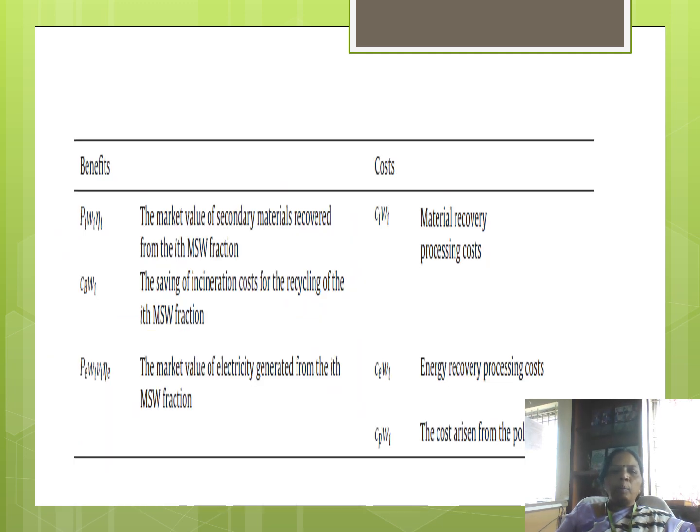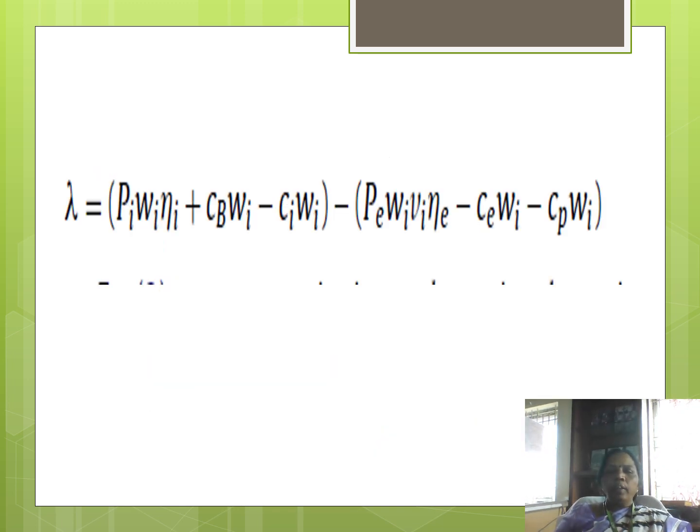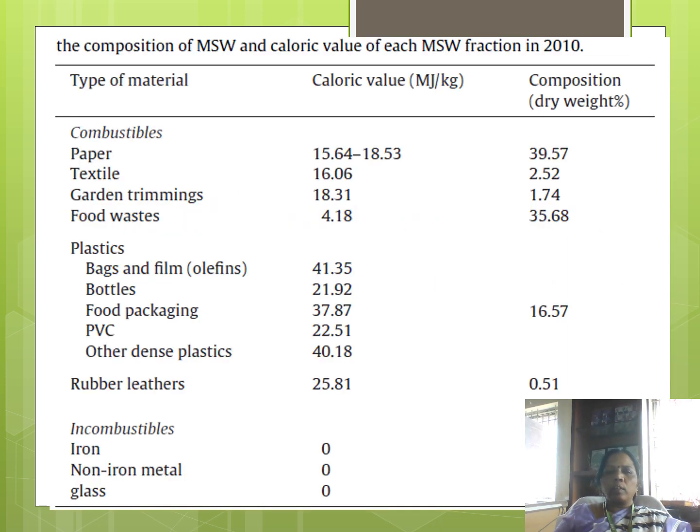The benefits and the cost for the material recovery processing are listed here. And they are also using a formula to calculate efficiency. Then this is the composition of municipal solid waste and calorific value of each municipal solid waste fraction in 2010.